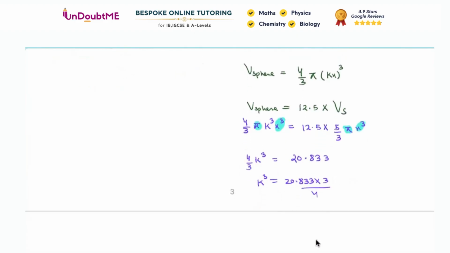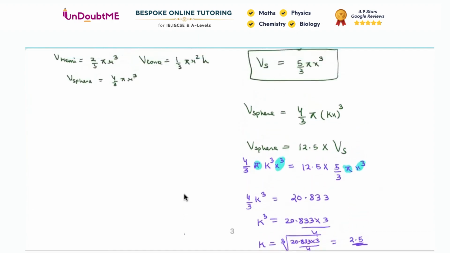And then whatever I get, I have to take the cube root of that to get the k value. So the cube root of that whole value, 20.833 times 3 over 4, will give me 2.5. Now k is just a constant, okay? So it has no units. It will be just 2.5, okay?